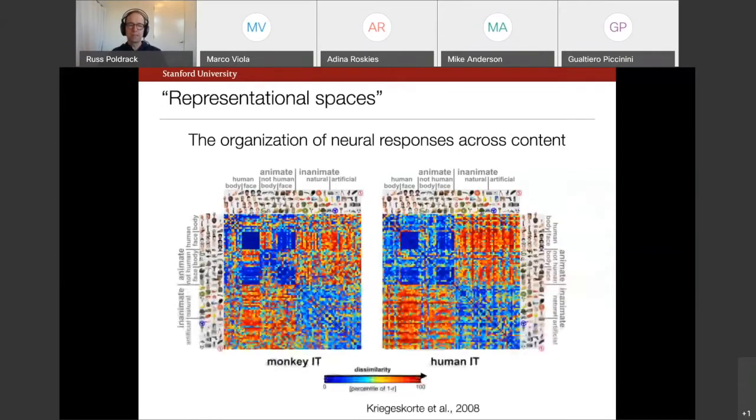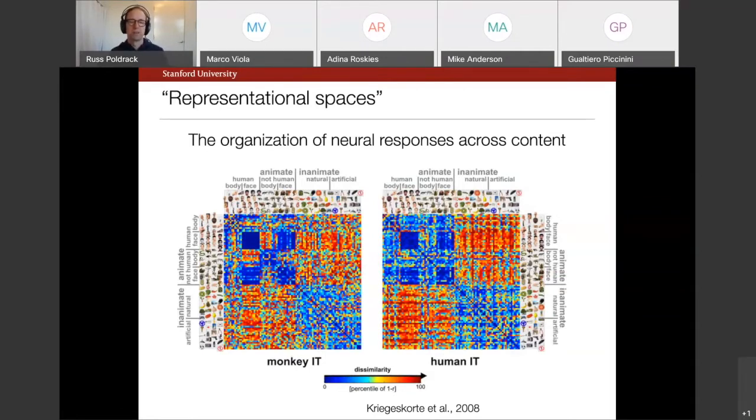Now, in more recent years, neuroscientists have moved beyond thinking about individual classes and have started thinking about representation, what we call representational spaces, which you can think of as the organization of neural responses across a larger range of content or a larger range of potential representational features.